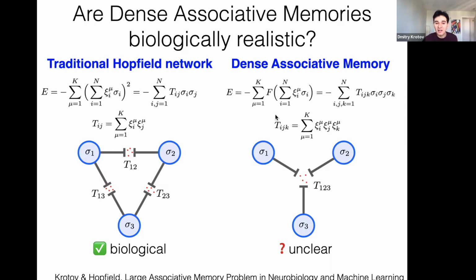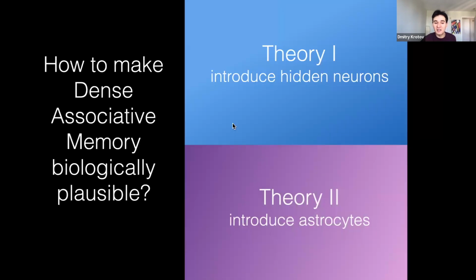It turns out that there are at least two theories of how this puzzle can be resolved. So there is a theory that I'm going to call theory number one. Both theory number one and theory number two tell you that the right way to think about dense associative memory is as effective theories.